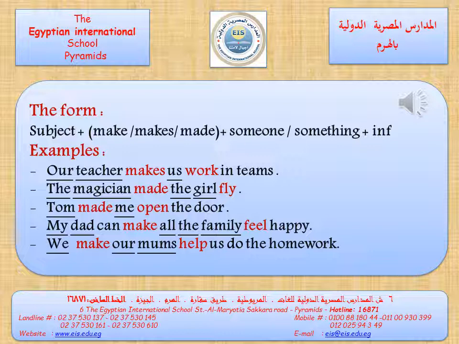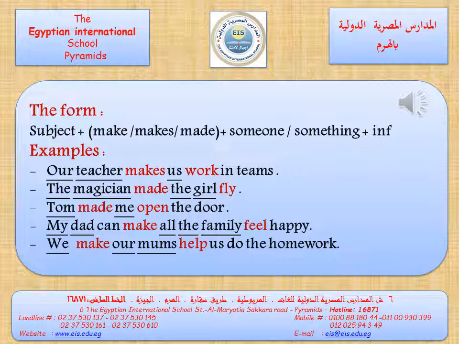Why do we work in teams? Because of our teacher, and he made us work in teams. So we can notice that makes is in the present, plus us, which is the object, plus work, the infinitive verb.